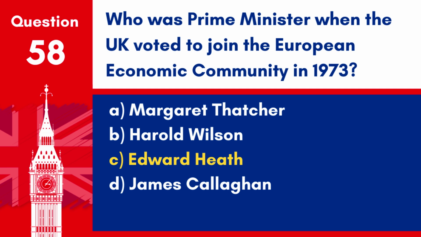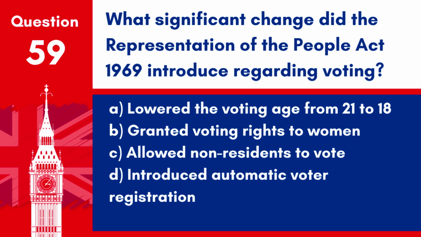in 1973. Question 59. What significant change did the Representation of the People Act 1969 introduce regarding voting? A. Lowered the voting age from 21 to 18. B. Granted voting rights to women. C. Allowed non-residents to vote.